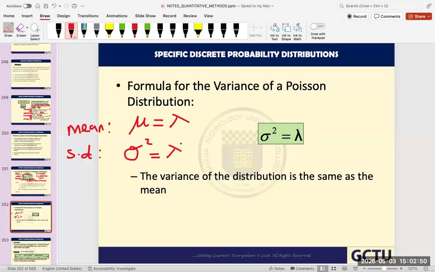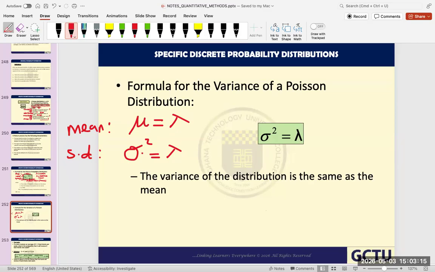So once you find the lambda in the question, the same lambda is the center or the mean. And the same lambda is also representing the spread. And that is the beauty of the Poisson distribution formula.